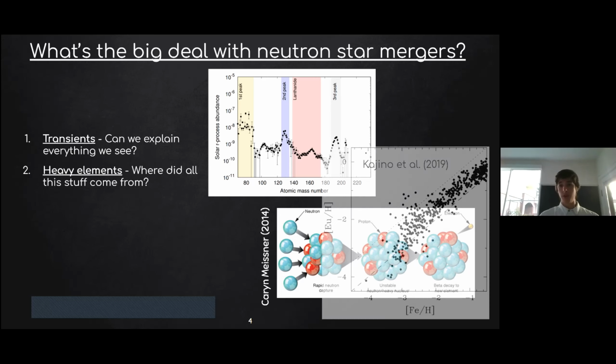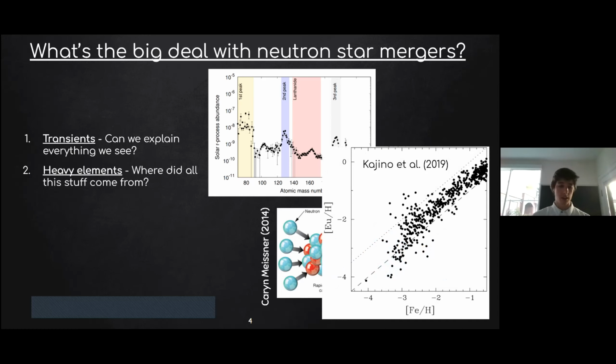So even before the detection in 2017 of a kilonova, there were lots of clues that say that these heavy elements can't be caused by supernovae. This is one example of one of these clues. This is a plot where each of these points is a star in our galaxy. On the x-axis is the amount of iron in the star relative to hydrogen, relative to the sun.